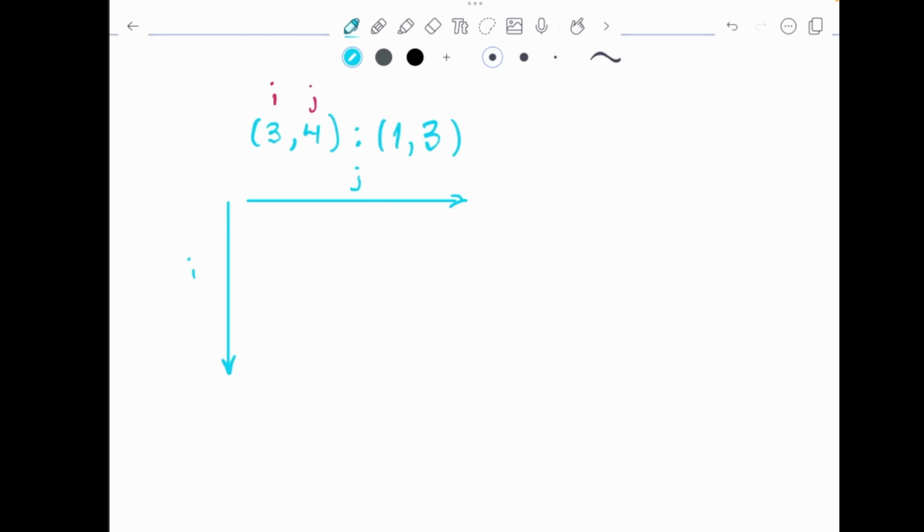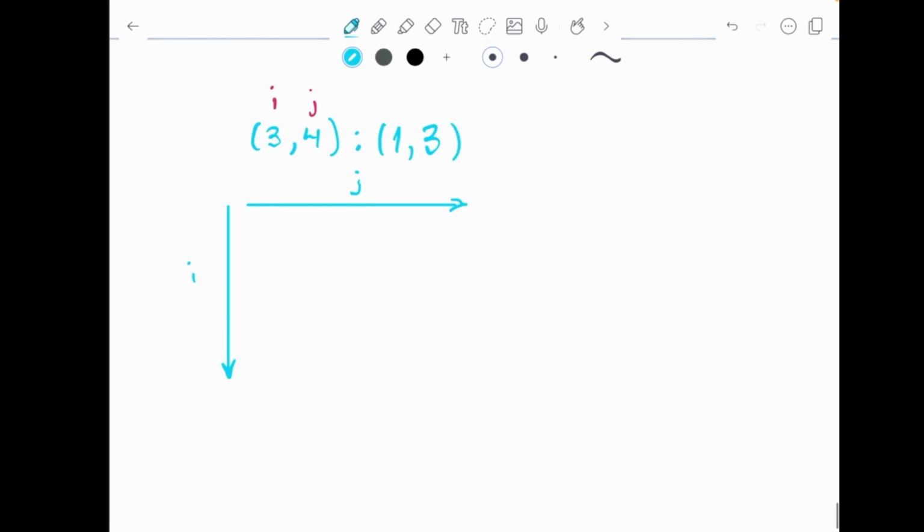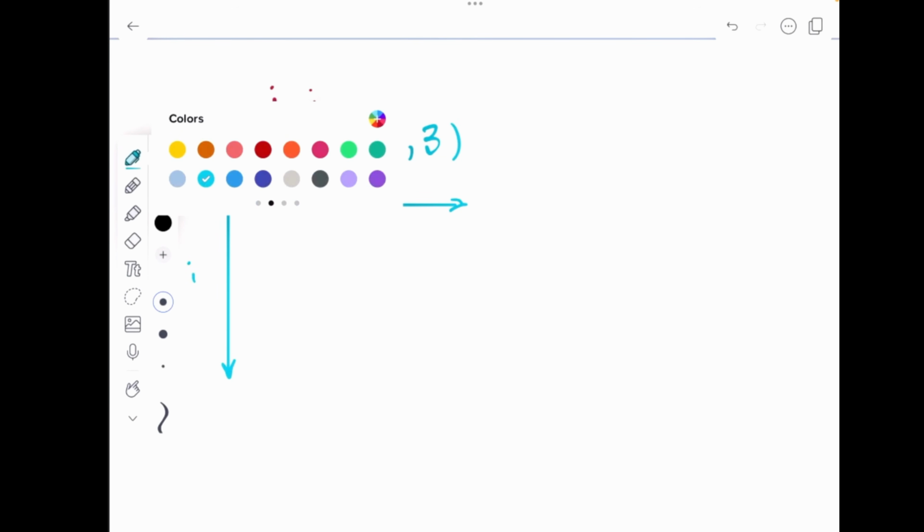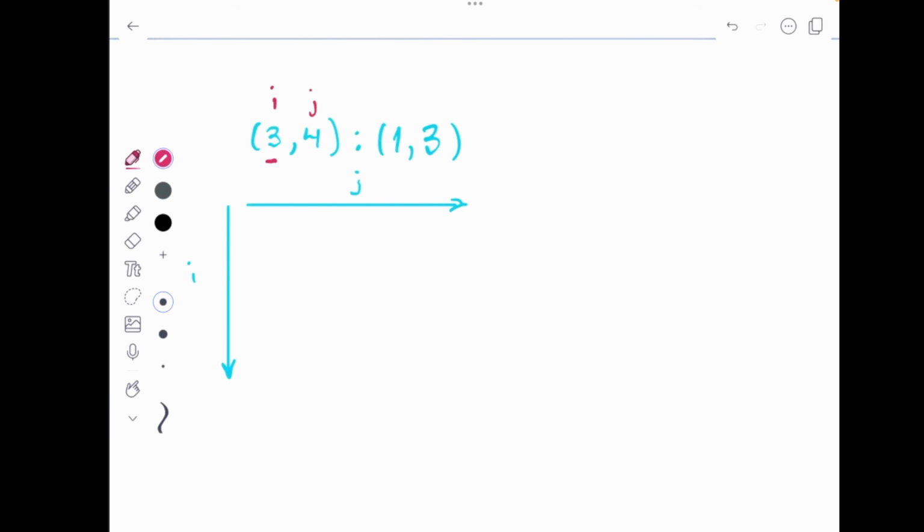Again, this is just a way of imagining things. It doesn't really represent anything. The point of the whole CuTe framework is that it's an abstraction over the actual layout of the memory. So what we're going to do is first look at what is the size in the I direction? It's 3. Or I should say the shape in the I direction is 3.